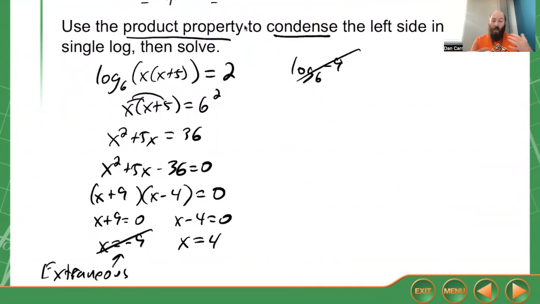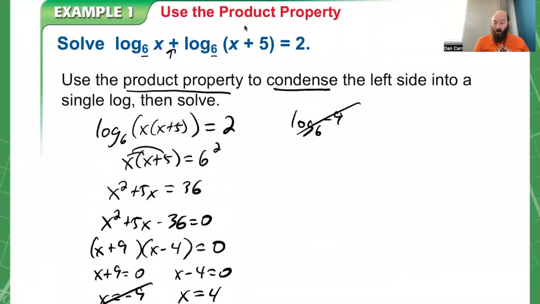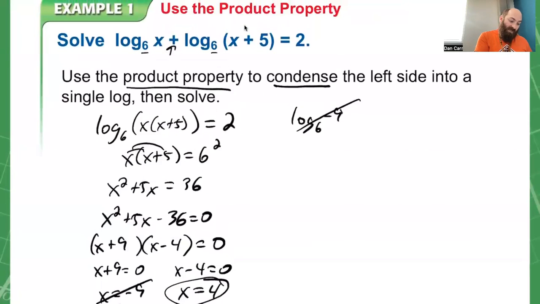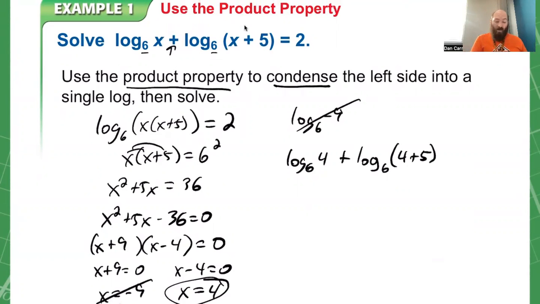We solved it, came out to a real answer with x equals negative 9, but it does not work in the original logarithmic equation. X equals 4 does work because I can take log base 6 of 4 and log base 6 of 4 plus 5. These are both okay to evaluate because they will be positive numbers here and here.